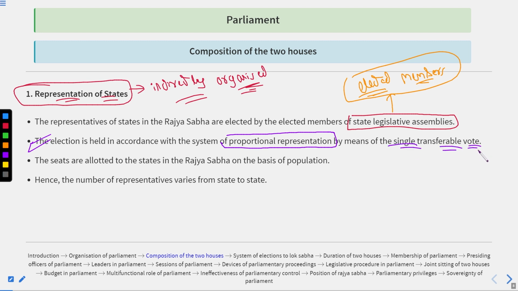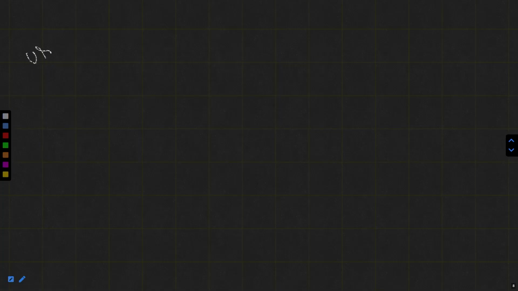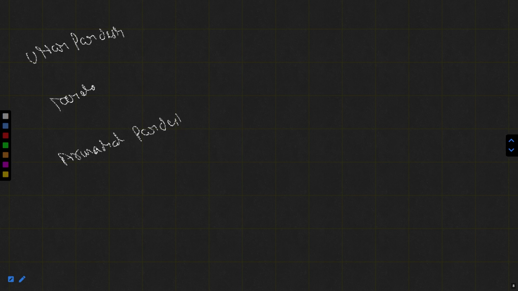Seats are allotted to the states in the Rajya Sabha on the basis of population. Suppose there are states like Uttar Pradesh, Kerala, and Arunachal.